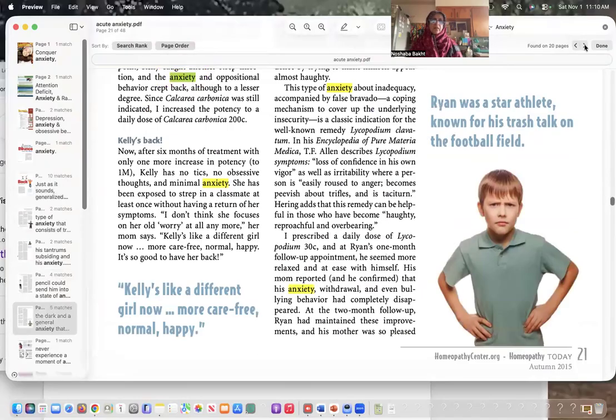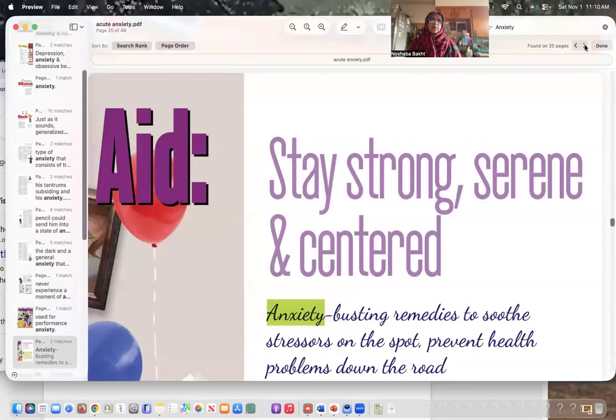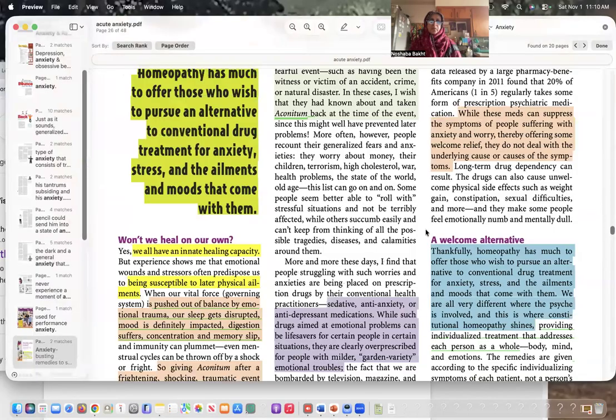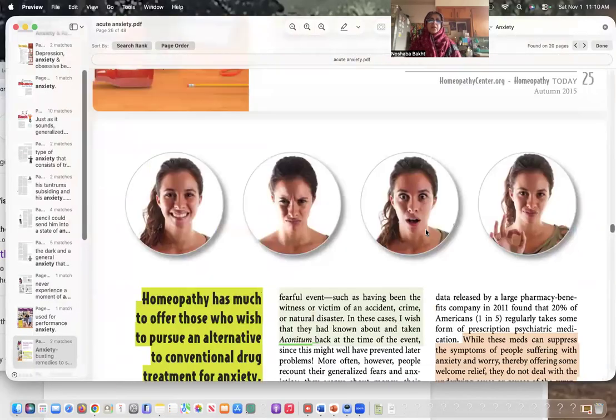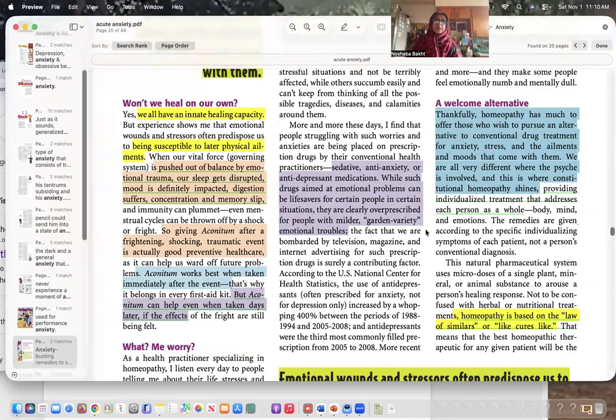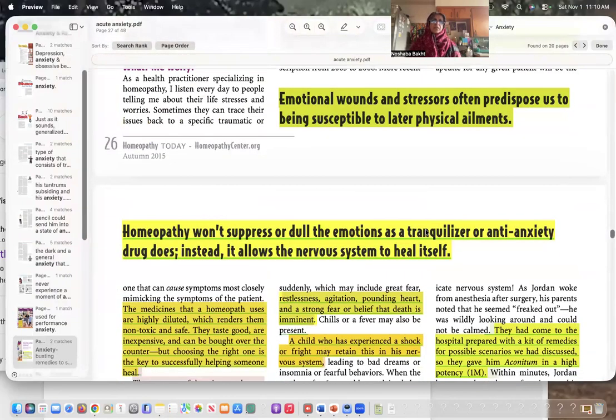You have other remedies also, but aconite has its own place. Why in anxiety? Because if you give anti-anxiety medicines, they have many side effects.